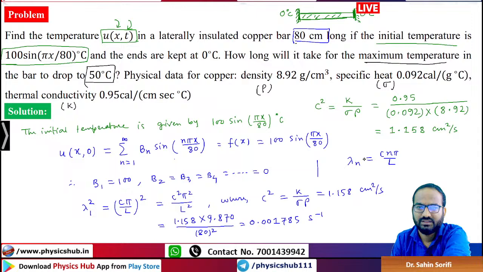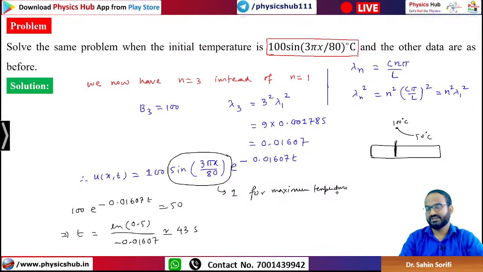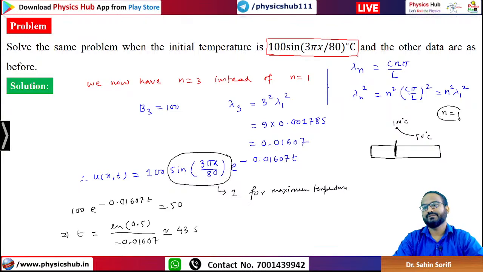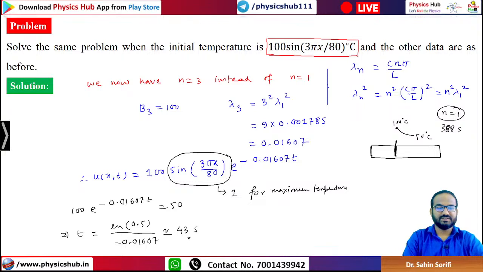The maximum temperature for the first mode, n equals 1, appears in the middle. For the third mode, it may not appear in the middle, it may appear at some other point, but you have to calculate how much time it takes to drop from 100 degrees centigrade to 50 degrees centigrade. For the first mode n equals 1, it took around 6.5 minutes, around 388 seconds. But here you see only 43 seconds, so this is almost 8 times faster.